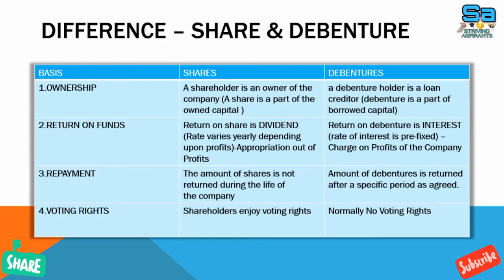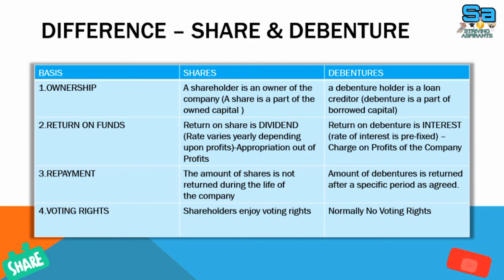Next difference is on the basis of repayment. In the case of shares, whatever amount is collected by issuing shares will not be returned during the lifetime of the company. But there is an amendment 1998 to the Companies Act 1956, which allows companies to buy back their own shares from the market.